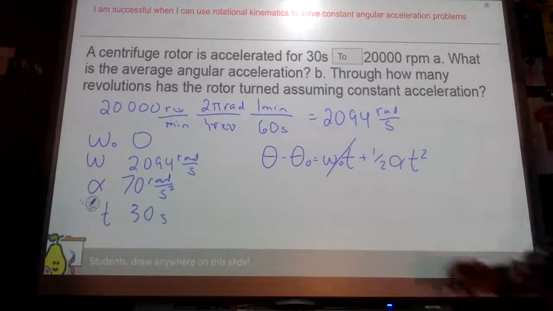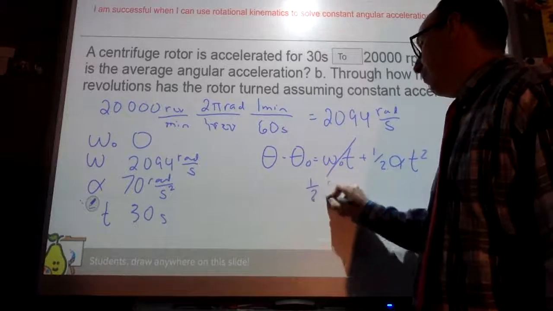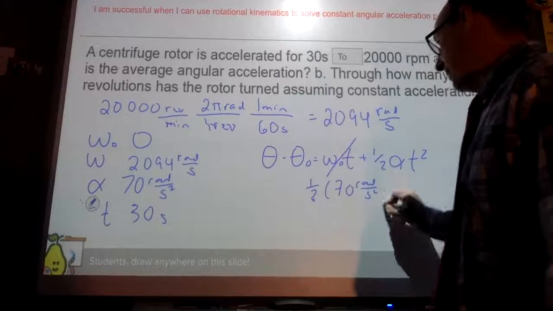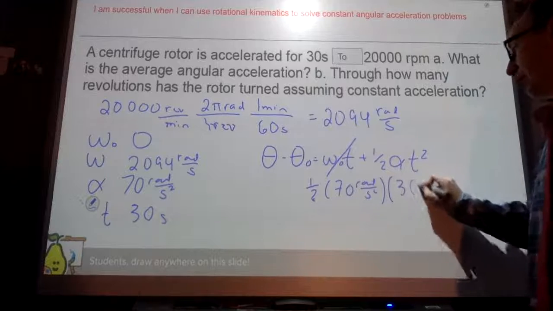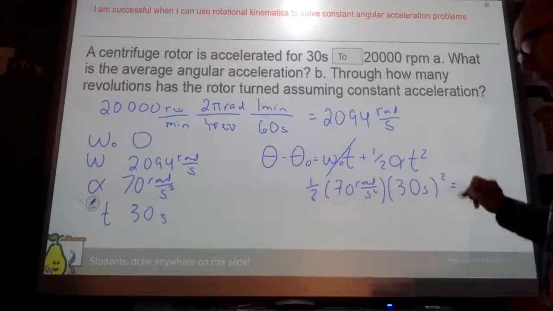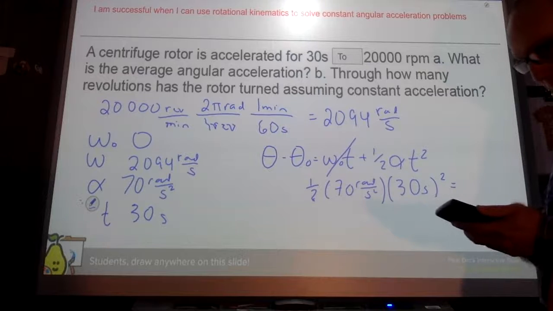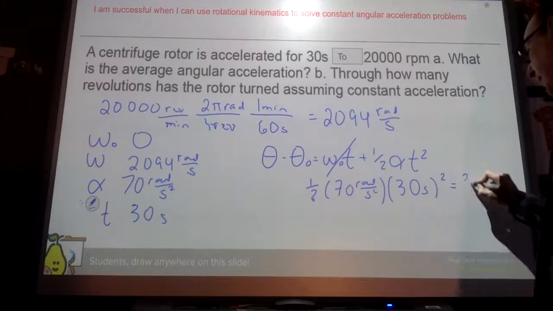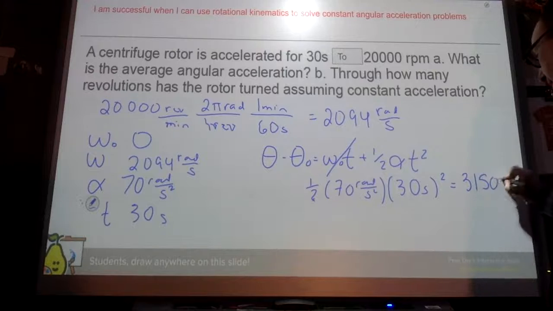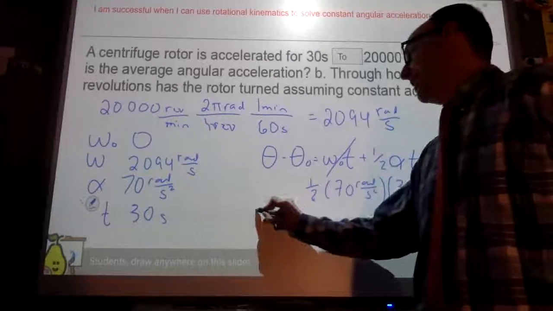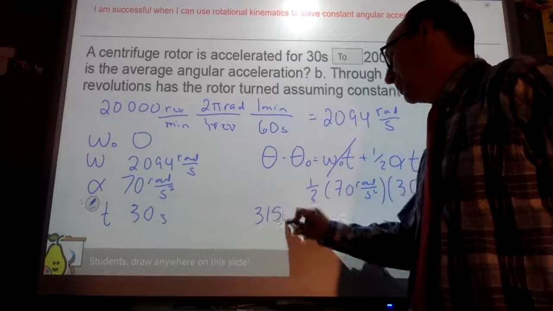And omega naught is 0. So really, I'm just going to have 1/2 times 70 times 30 squared. So I have 31,500 radians, and then I'm going to convert this back to revolutions.